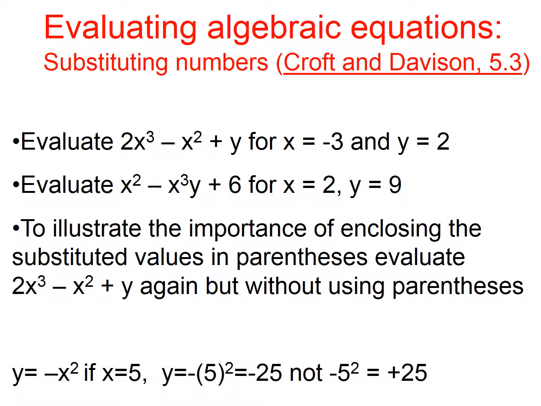But this time, minus 3 squared is going to be 9, so minus plus 9 is minus 9, whereas without brackets the minus will turn to a plus, and this will be plus 9.